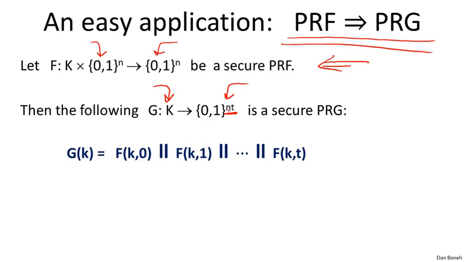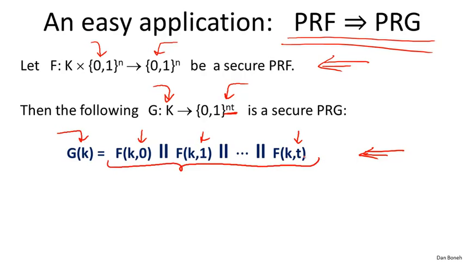And you can do this very simple construction, sometimes called counter mode, where you take the PRF and evaluate it at 0, at 1, at 2, at 3, at 4, up to t, and you concatenate all these values. That's the generator. We basically took the key for the PRF and expanded it into n times t bits.